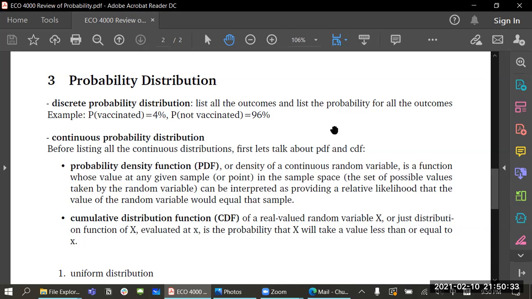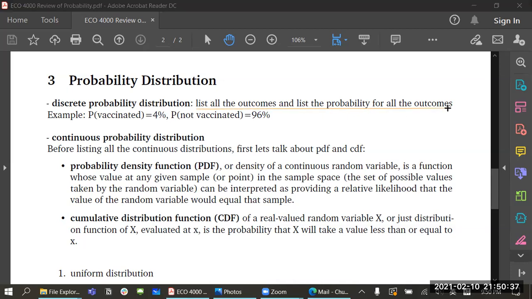For a discrete probability distribution, you simply list all the outcomes and list the probability of each outcome. For discrete probability, we have limited outcomes, right? So we have only two outcomes: vaccinated and not vaccinated. The last time I checked Bloomberg, it said that the US population that is fully vaccinated is 44%.